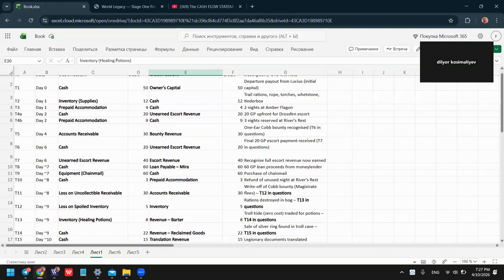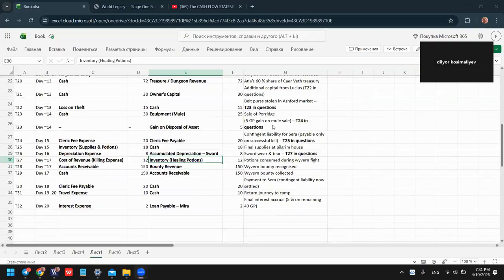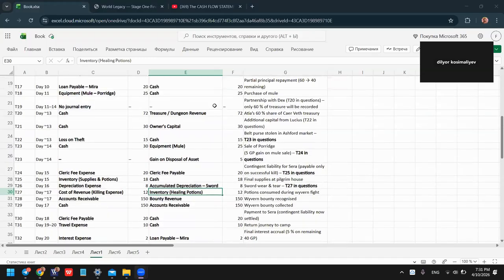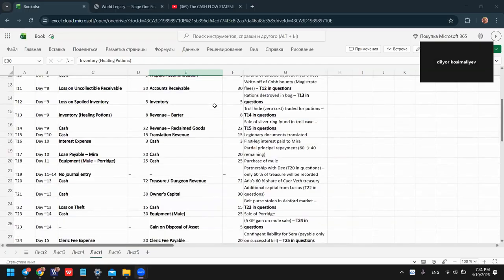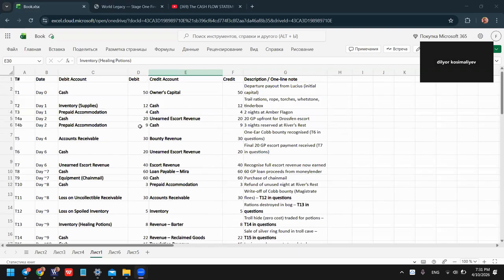So now what we do is we calculate the days that Atia was supposed to stay and the days that she reserved for the stay but didn't use. So the starting is 9, so she paid first 9, and it's for 3 nights, so 3 per night.